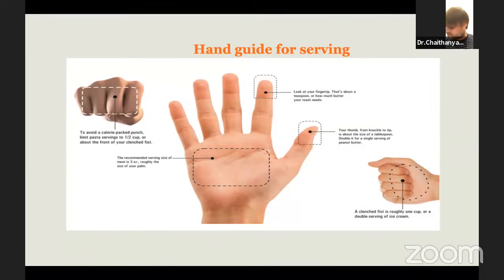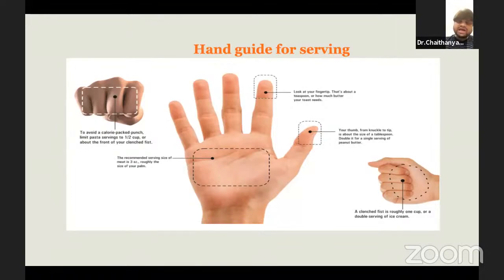The same way you have the thumb. The thumb might be equal to 1 more tablespoon, and then we have the clenched fist. For example, in the evening, we ask each and every patient to have 1 fist of nuts. Let it be cashew nut, let it be almond, let it be pista. So these are the various rough calculations which we have, which can be used daily in our life.